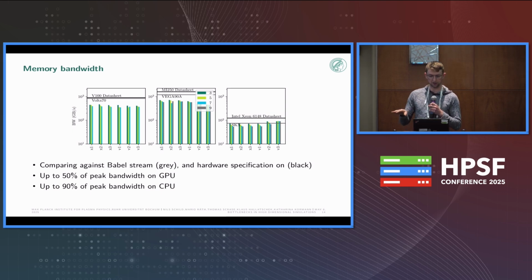Actually, the 90% I think is of an internal stream benchmark that we did, so that's not comparable to the vendor specification, but it's still quite okay. On the GPU, we could still try for more performance, since we are only getting about 50% of the peak bandwidth on the GPU.